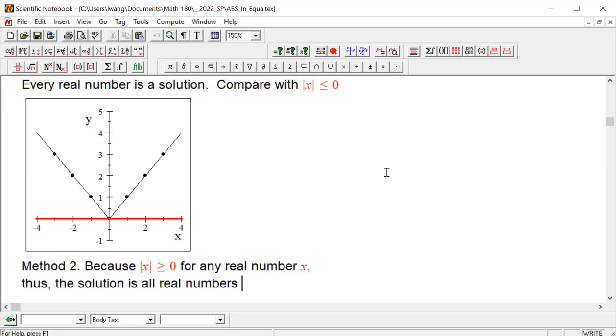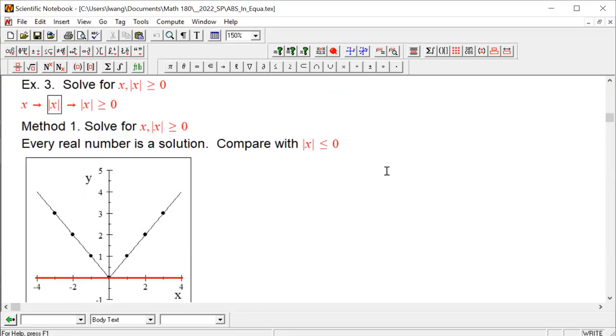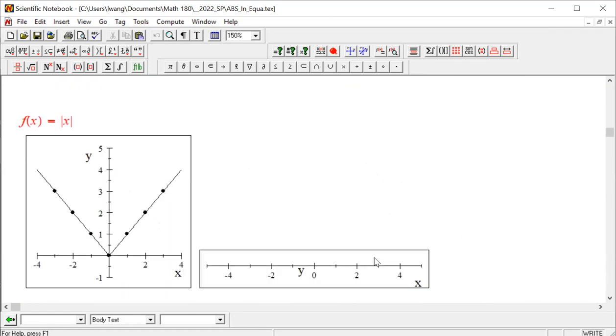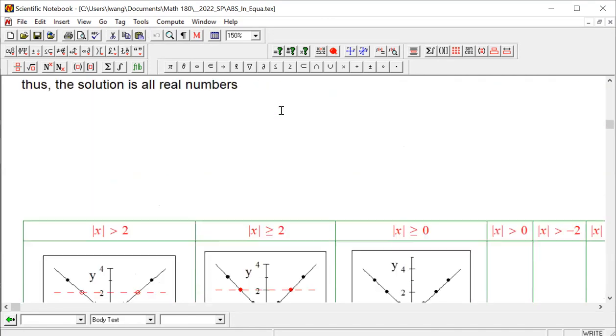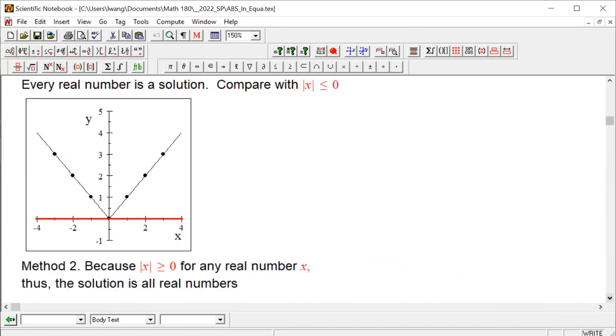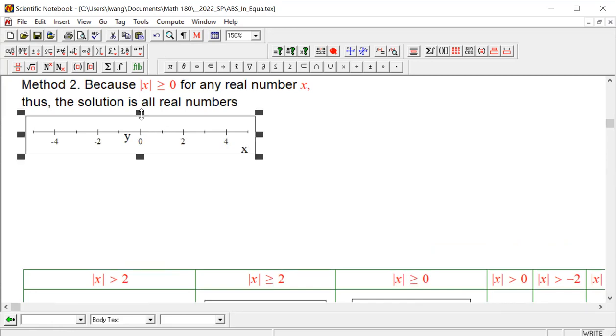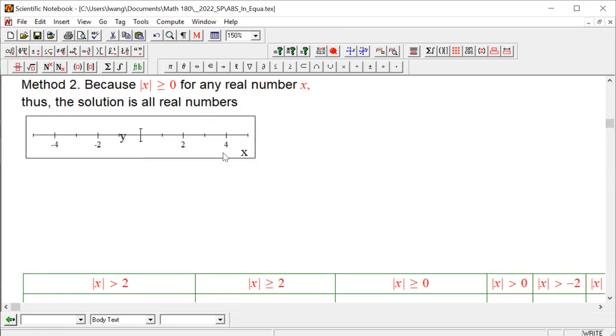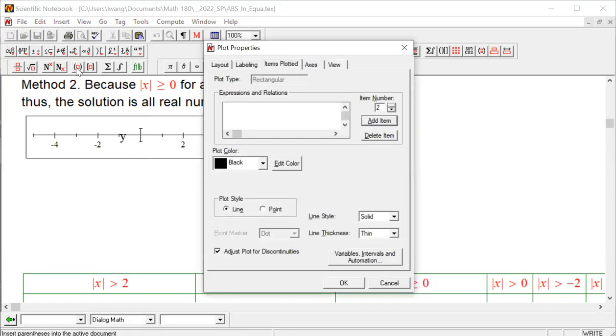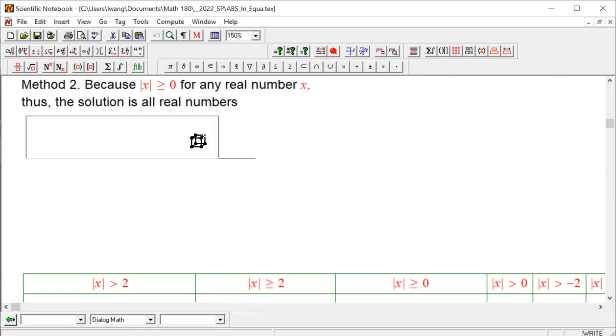If we are to draw that picture, it would be similar, and on this picture we show that it's all real numbers. It's red, indicating that every real number is a solution.